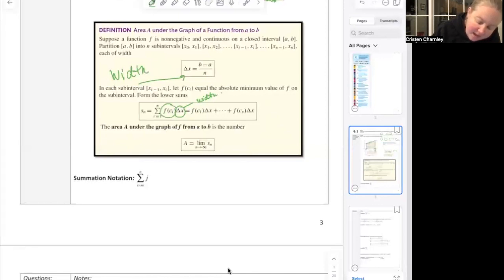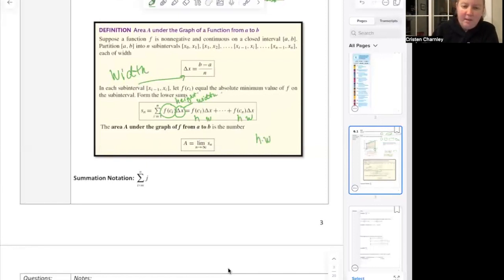This becomes the height. F of x, f of a specific value, that's your height. And so what this really is, and again, it looks crazy, but don't panic. Here's your height times your width. Here's your height times your width. So however many partitions or rectangles you have, it's really here's your height times the width.